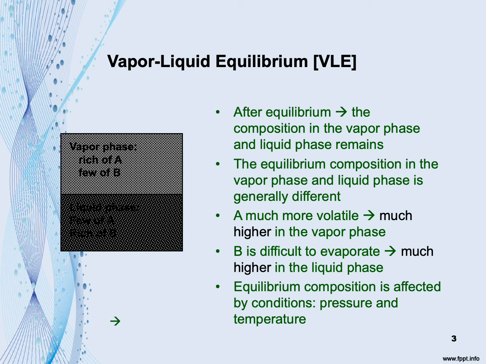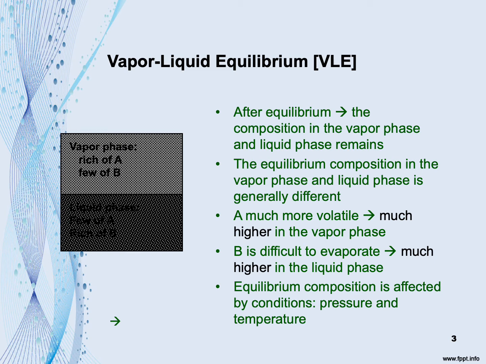So in vapor-liquid equilibrium, after the equilibrium, if we add heat or if we add mass, in this case heat, it will change the operating condition. The temperature and/or the pressure will be changed, and if the condition is changed, it will have a new equilibrium. After equilibrium, the vapor phase and the liquid phase will have different compositions. For example, a much more volatile component would be in the vapor phase.